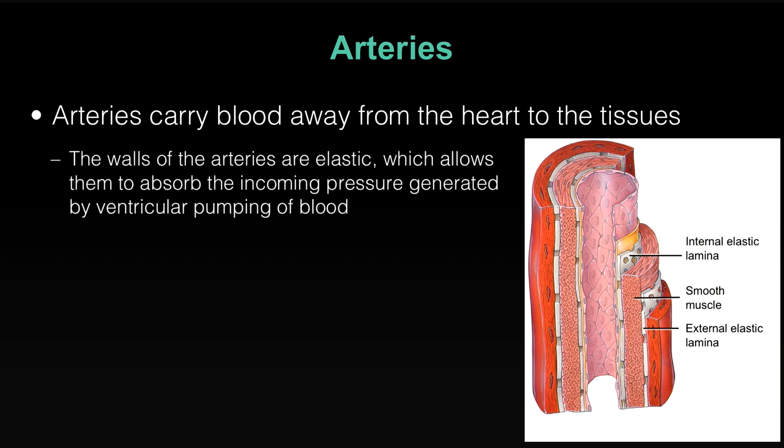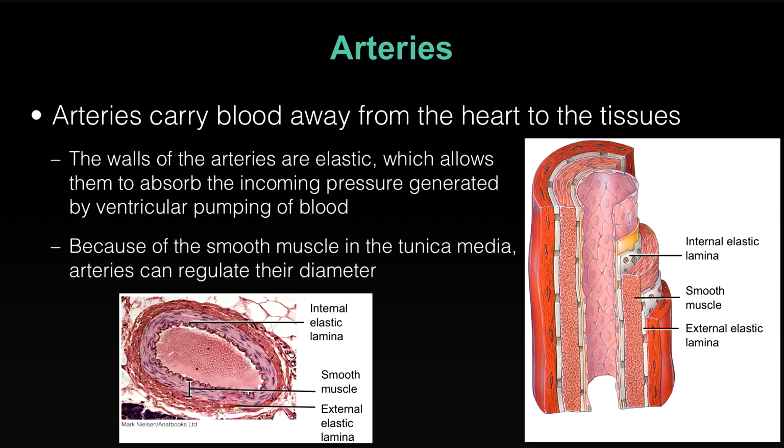We know the walls are elastic, and that's purposeful, deliberately so that the walls want to return to their original shape. We'll see how the arteries store pressure and rebound in response to pressure. Maintaining that shape allows them to propagate or distribute blood distally throughout the arteries and arterioles in the body.